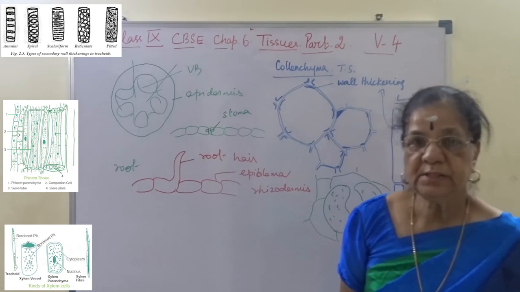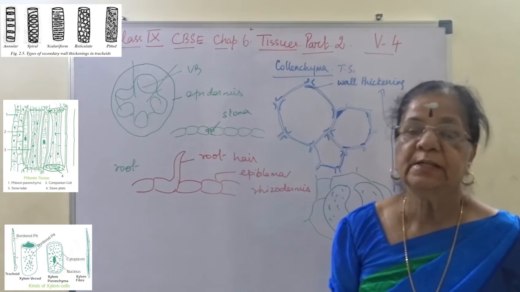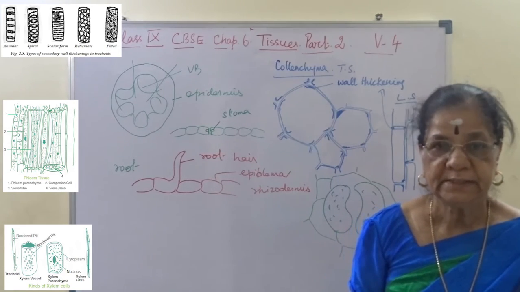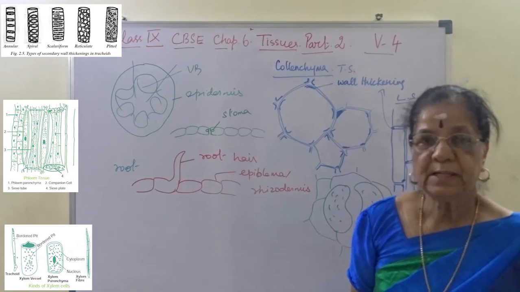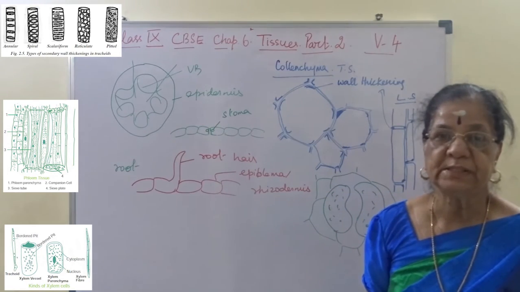Because normally the light reaction of photosynthesis will occur only during daytime, that oxygen is released only during daytime, and that oxygen is taken by the green plants for respiration. So it is called photorespiration.